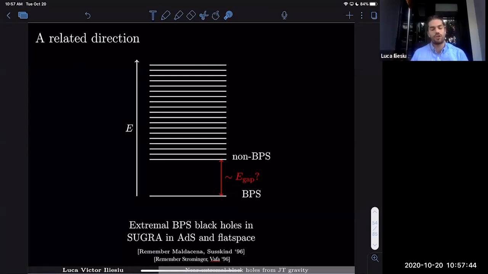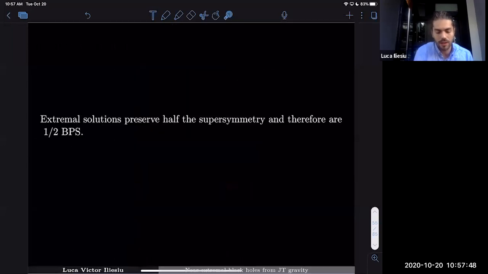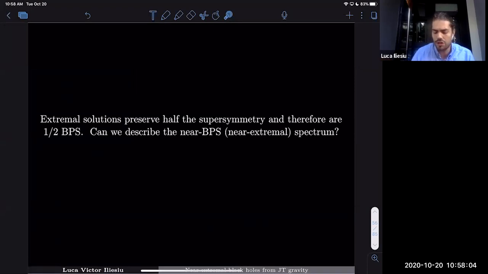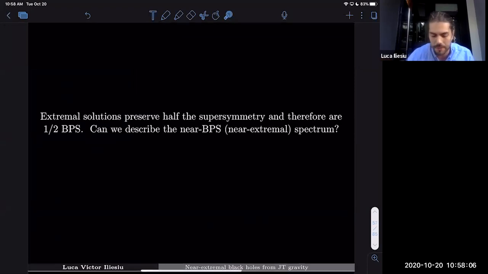And does one see a major difference from the non-supersymmetric case? The extremal solutions have 0 temperature and preserve half of the supersymmetry in 4D N equals 2 supergravity, and are therefore called half BPS solutions. And the question is, can we describe the near BPS spectrum?